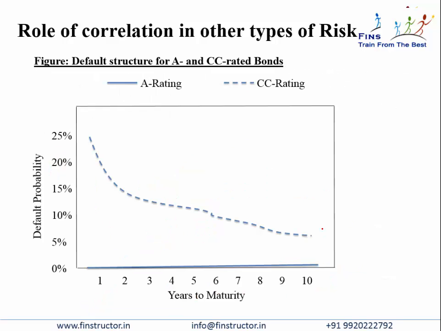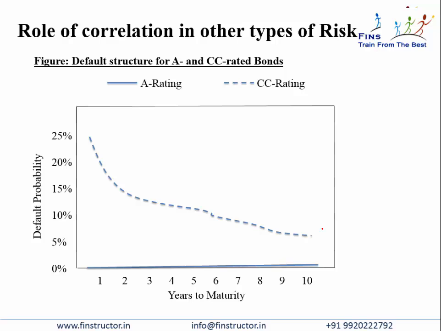So we see that for an A rated bond, if it's a 10-year bond, then there's a slightly higher probability of default. If it's 1 year to maturity, then there's a low probability of default.